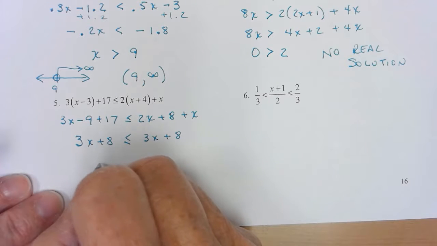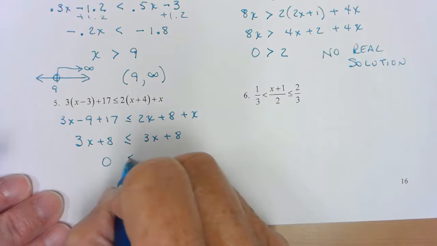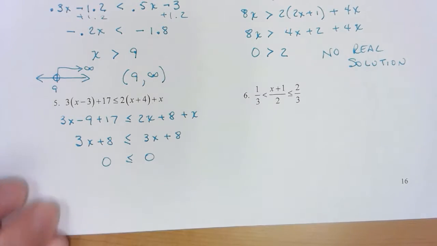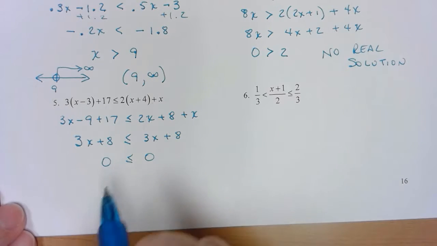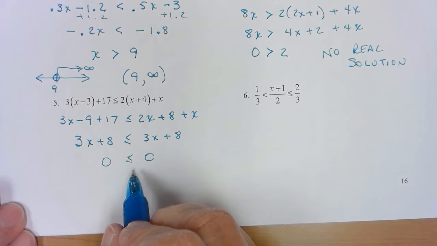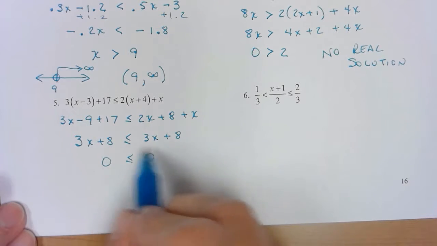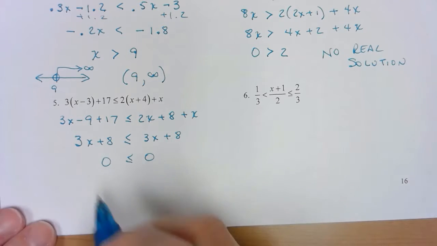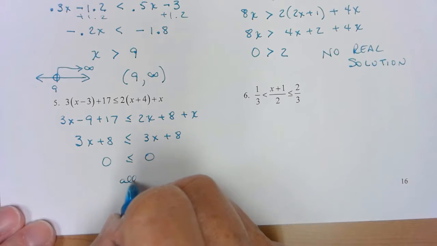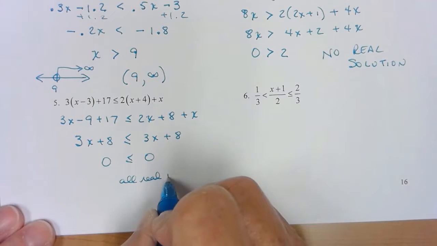Subtract 3x. Subtract 8. Is 0 less than 0? Less than or equal, excuse me. That makes a difference here. 0 is less than or equal to 0. So that right there means, since that is a true statement, all real numbers would be my solution.